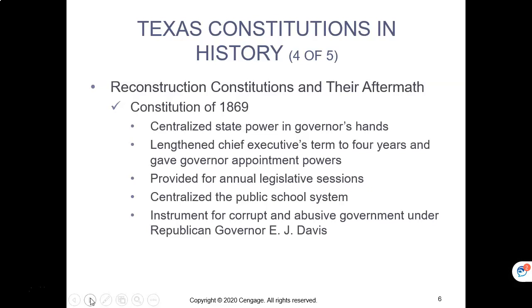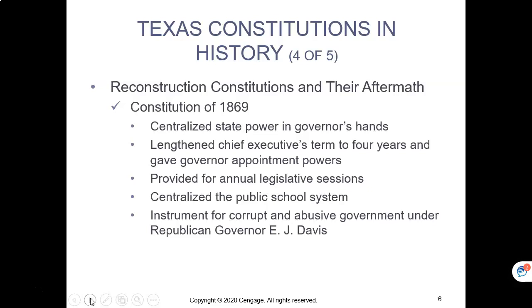So as the United States government started to get tired, they got tired of the expense of the districts, the expense of the military rule, the resistance of the people that lived in the states.